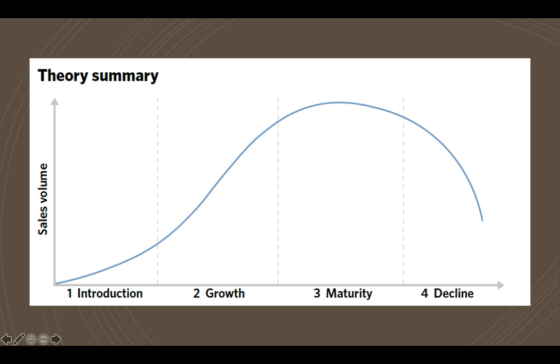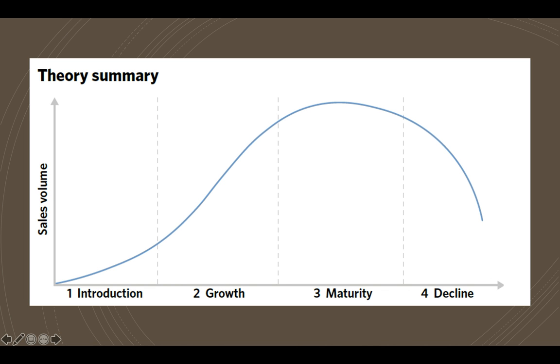All right, so in terms of sales, when we introduce a product, sales are relatively low. Okay, people often don't know about it, or it is something that is quite new, innovative, and potentially customers are somewhat unsure of it, or there may be competing products that they would prefer to go for.